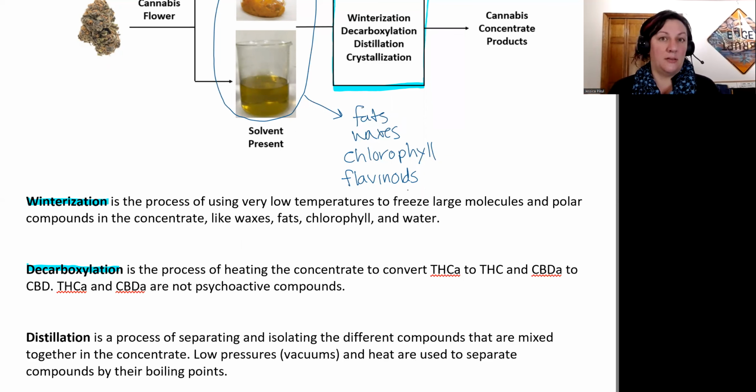So that converts something like THCA into THC. It's removing a carbon and 2 oxygens just by heating. And this converts THCA, which is not very psychoactive, into THC, which users will have a much more pronounced effect from.